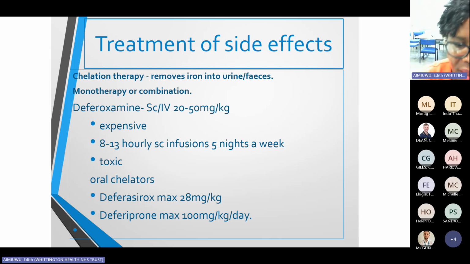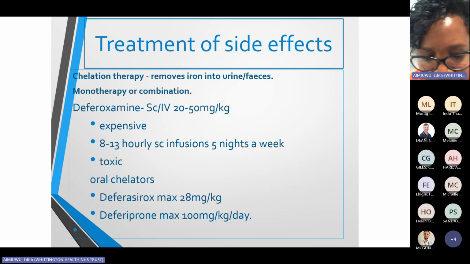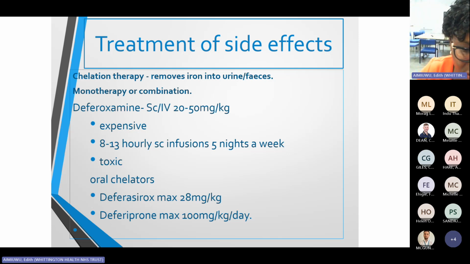It could be toxic if we overchelate, and you have the oral chelators such as deferasirox, known as Exjade. Exjade usually can go up to 28 milligram per kilo, but from experience, I think by the time you're using 14 milligram per kilogram or up to 22, I think that is often enough if there's good compliance in taking the medication.